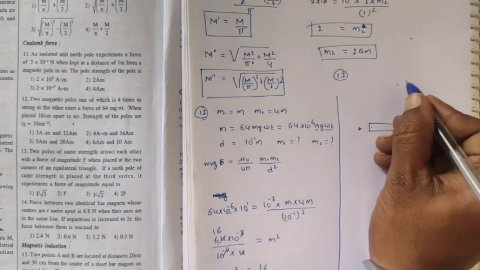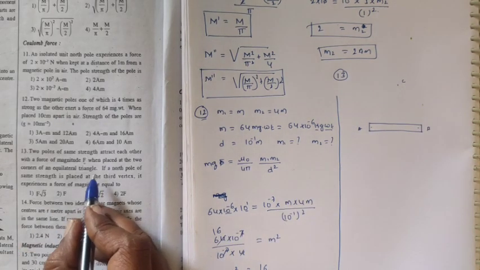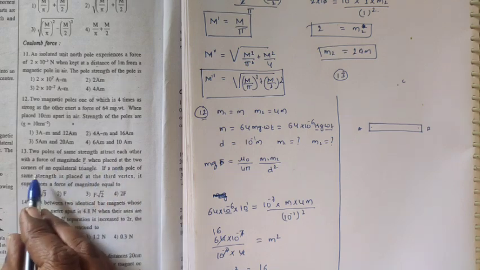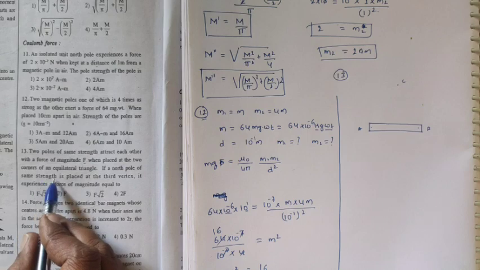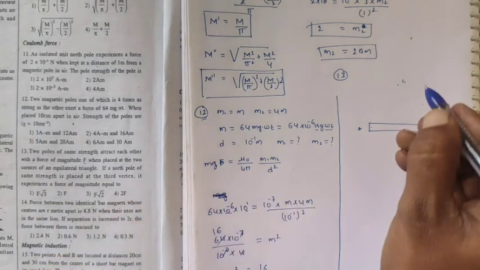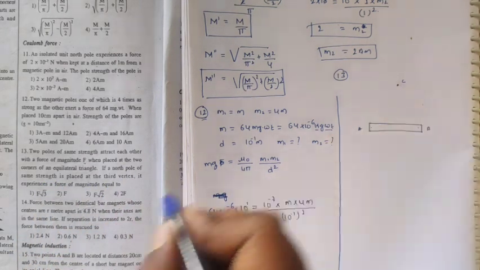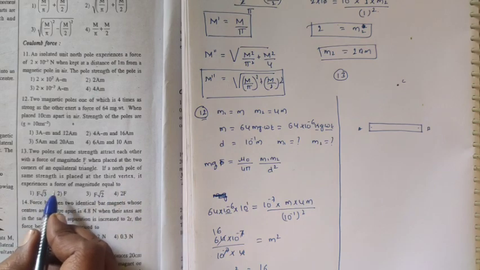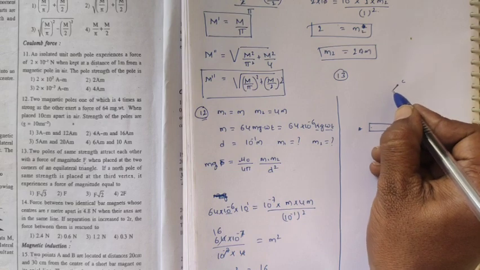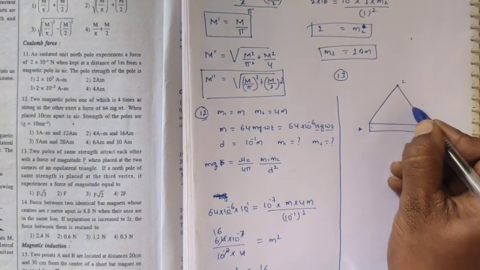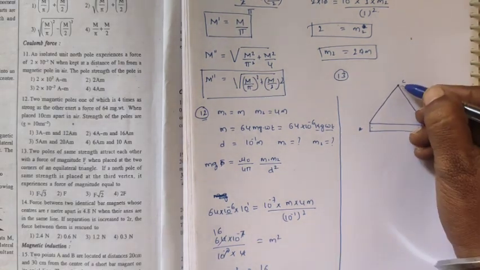Equilateral triangle means like this, right? When placed at the two corners of an equilateral triangle, if a north pole of same strength is placed at the third vertex, it experiences a force of magnitude, what is the force at this point? I need to find out here.